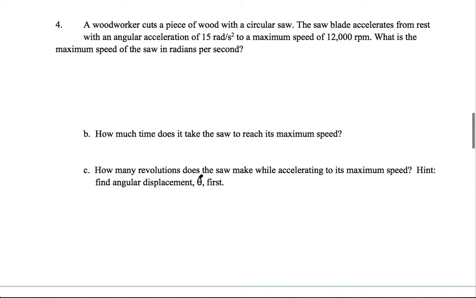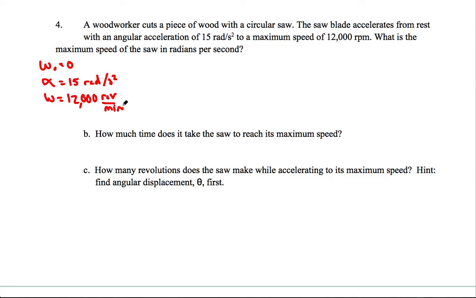The next example is a woodworker cutting a piece of wood with a circular saw. A saw blade accelerates from rest, so omega naught equals 0, with an angular acceleration, so alpha equals 15 rad per second squared, to a maximum speed of 12,000 revolutions per minute.